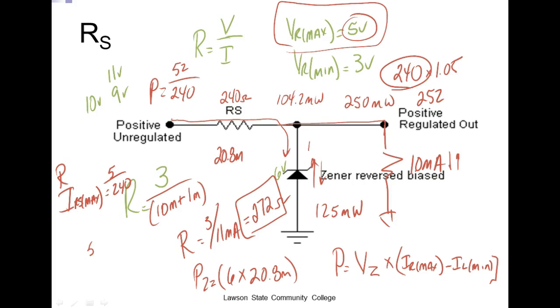This circuit right here, we could completely unload it, and that Zener would only dissipate 125 milliwatts. You've got to understand when you remove the load, it's got to conduct that, right? It's going to regulate. And if we chose the wrong size of RS and we unloaded our power supply, what could happen? We could burn the Zener up. And that's it. So what laws did we use here?